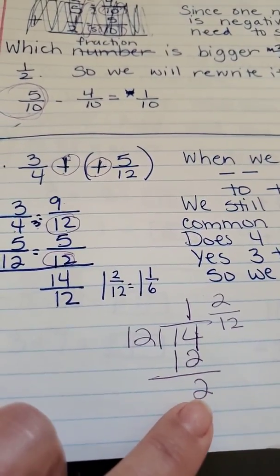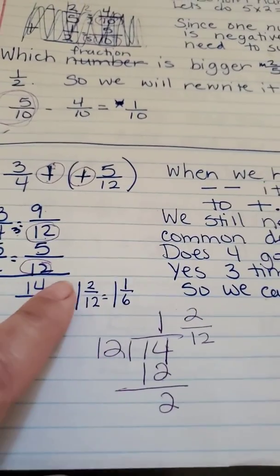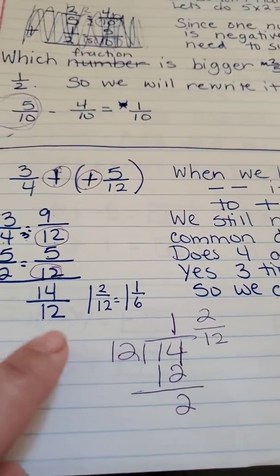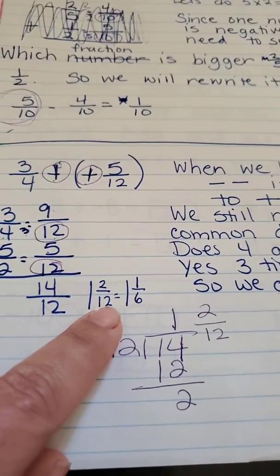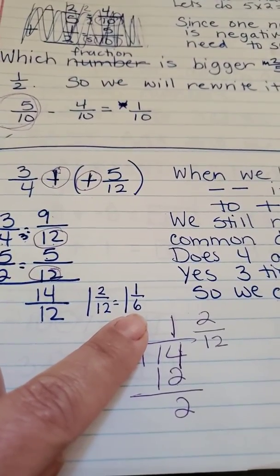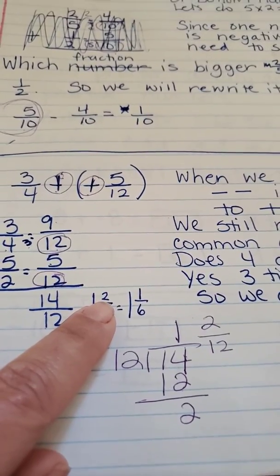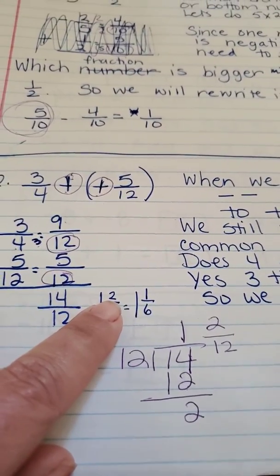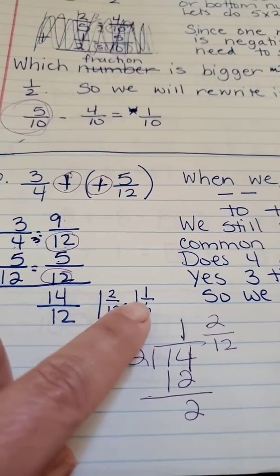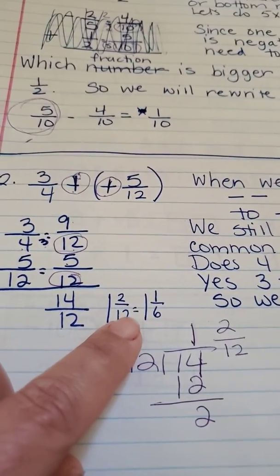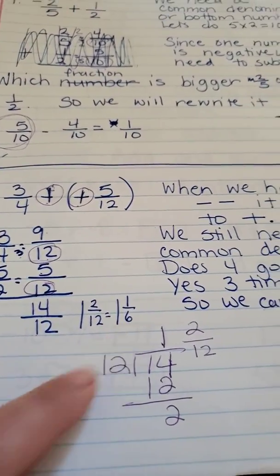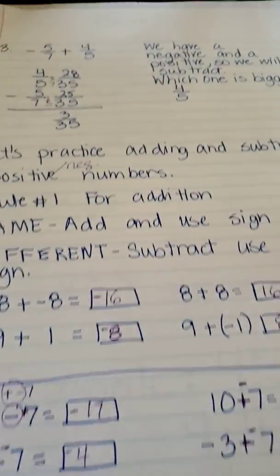I have 2 left over. So 2 goes on the top, and my bottom stays the same. And how did I get the 1 and 1/6? I reduced it down. So I made it even smaller. So I know that 2 goes into 2 one time, and 2 goes into 12 6 times. So that's your answer for that.